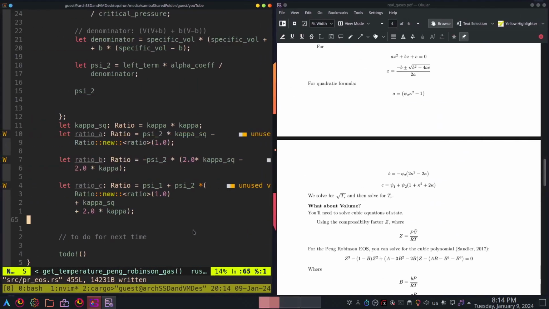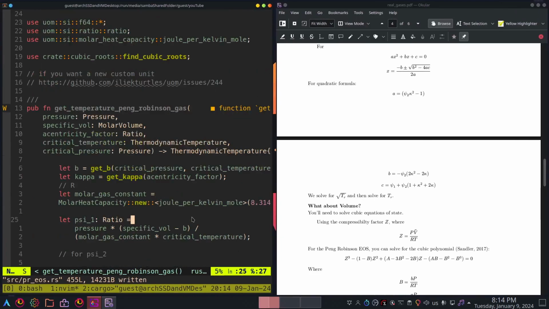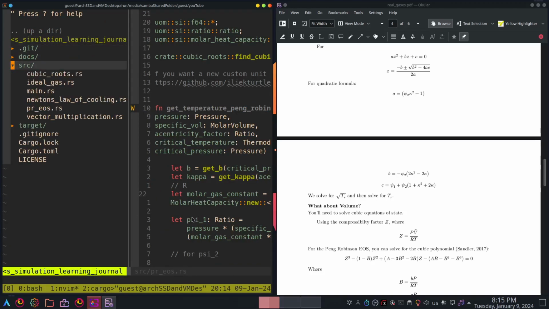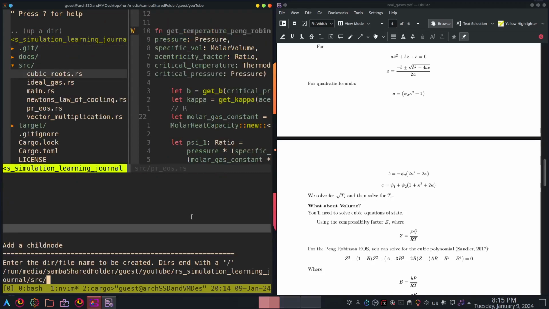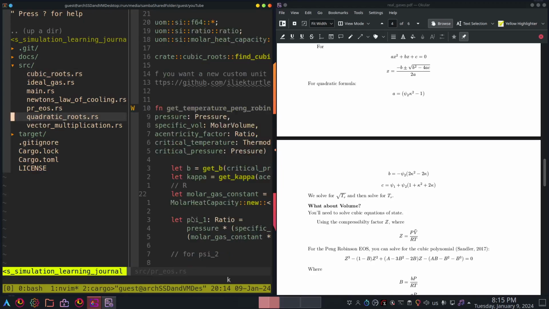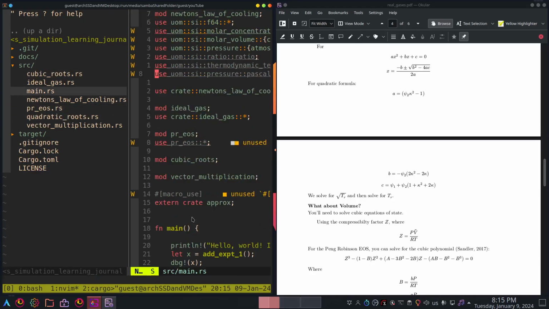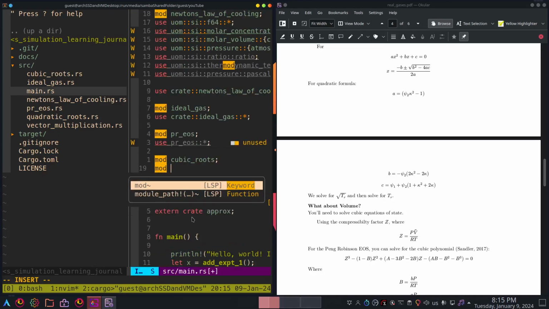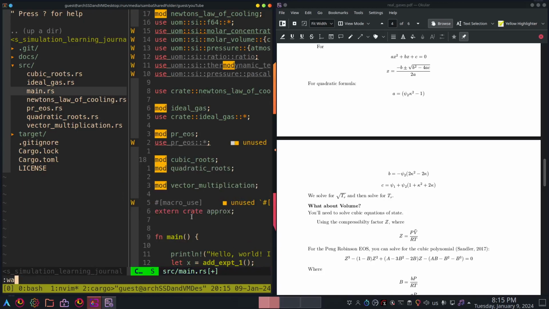Okay, all we need next is a quadratic solver. So I'm just going to make a new quadratic solver file, and this should be quite straightforward. Quadratic roots.rs. I'm going to have a pub mod here, mod quadratic roots.